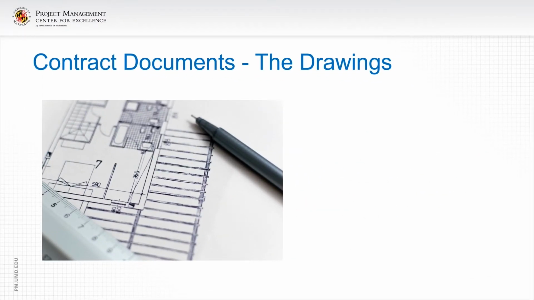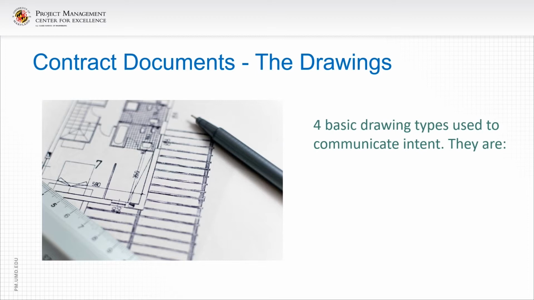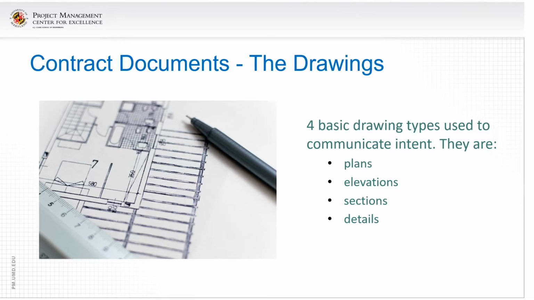So let's start out by talking a little bit more about the contract drawings. There are four basic drawing types used to communicate intent. They are the plans, and that includes elevations, sections, and details. So there are different perspectives on the drawings besides just the plan.